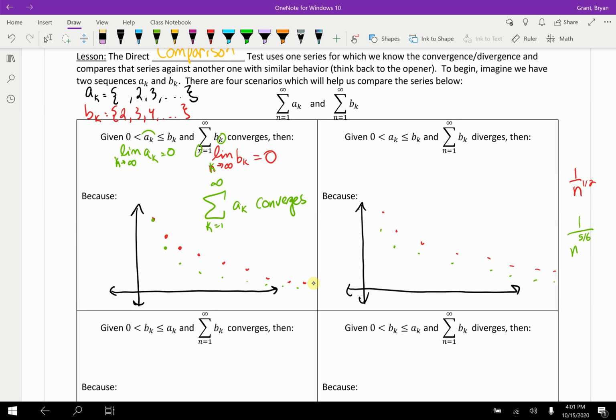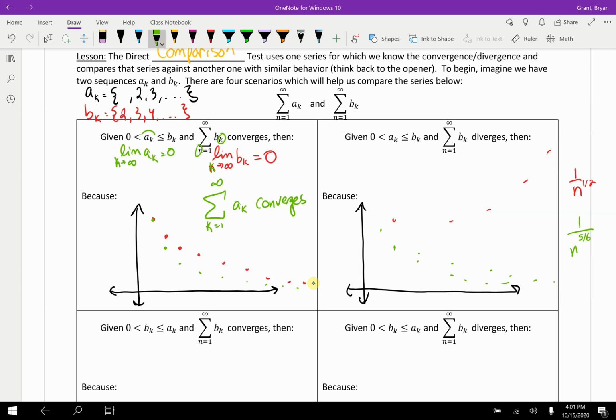Or in fact, what really could happen here is b sub k could be diverging, because b sub k could be going off to infinity, and if you add infinitely large numbers together, then you're certainly going to get divergence, and a sub k could follow right after that, or a sub k could get small really fast and could converge. So this relationship here, knowing that b sub k diverges, actually tells us nothing about a sub k.